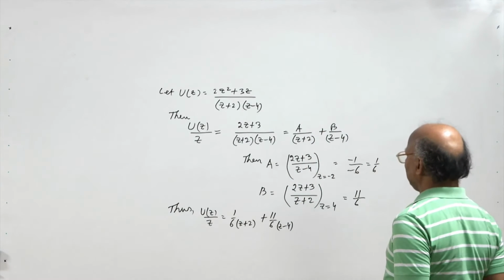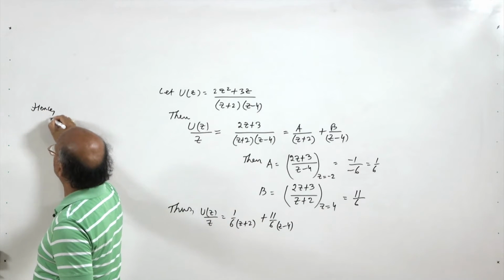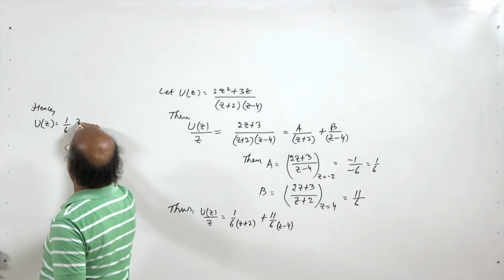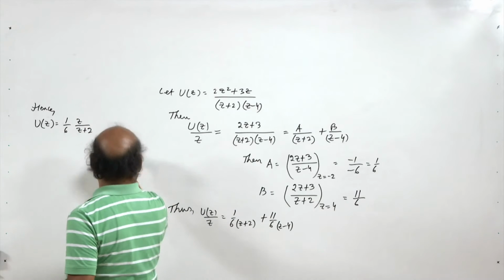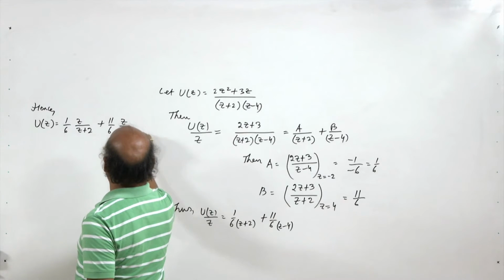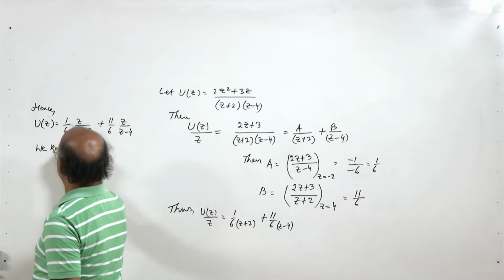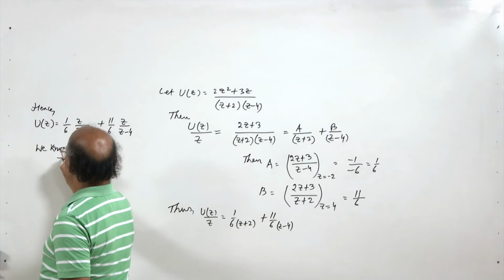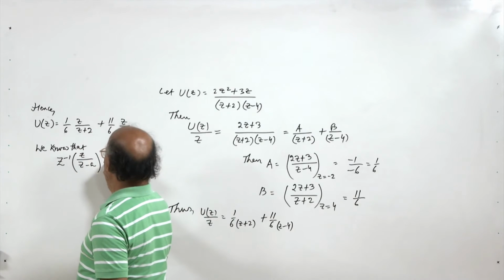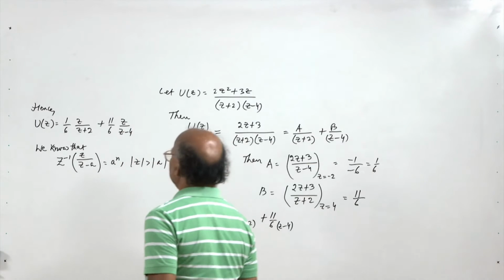So, we will then multiply this equation by z. Multiplying by z, we get U(z) as 1 by 6 into z over z plus 2, and then 11 over 6 into z over z minus 4. Now, let us recall that we know that Z inverse of z over z minus a is equal to a to the power n, provided mod of z is greater than mod of a.